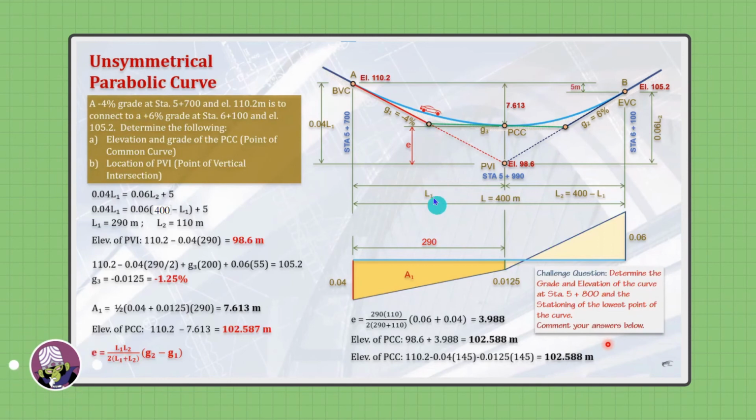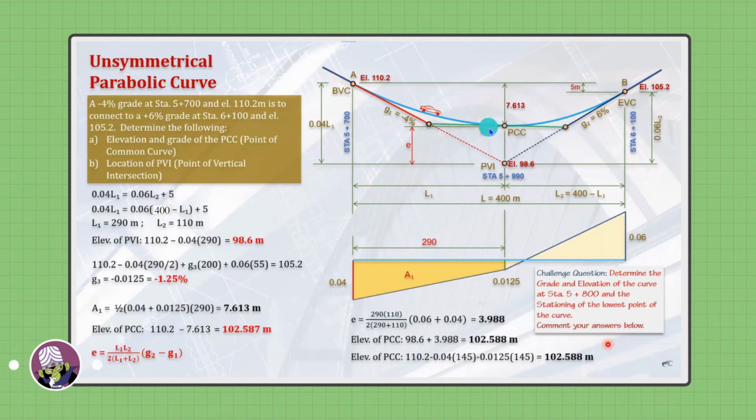This separates L1 over 2 and L1 over 2 here, this part over here and this part over here. Same with the other side. The tangent line always meets halfway. So this is L2 over 2, this over here, and this over here is also L2 over 2.